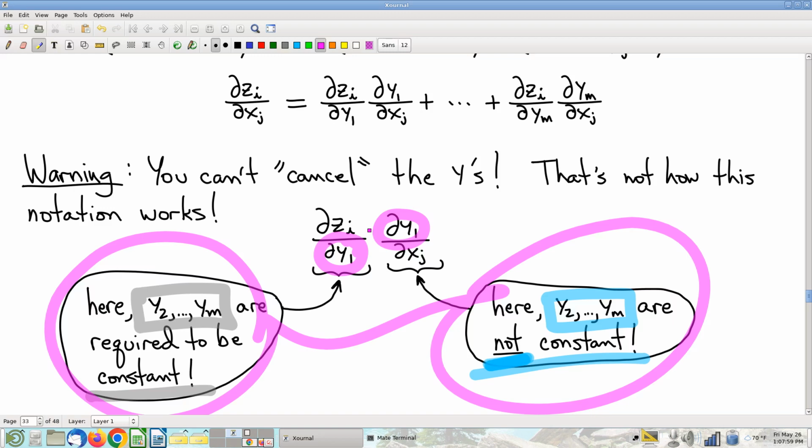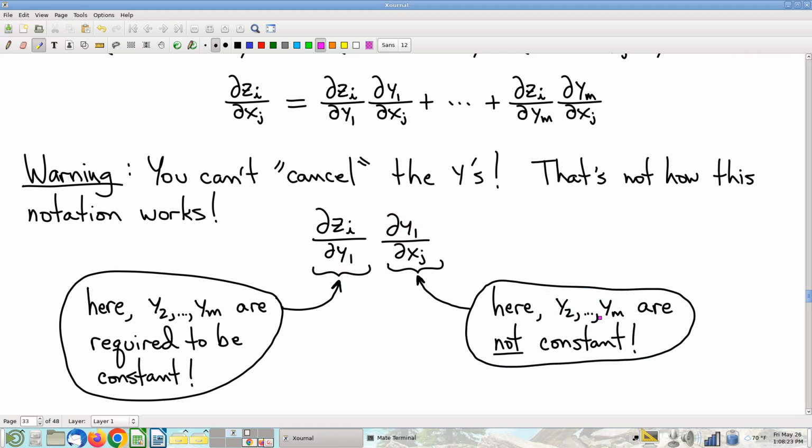I hope everybody's clear on that. Does that all make sense? So beware of this. I keep seeing this happen on exams, where students say, hey, look at that, it canceled, and boom. And it's dramatically wrong. It's super duper wrong. So please don't step on that landmine. Okay. All right.